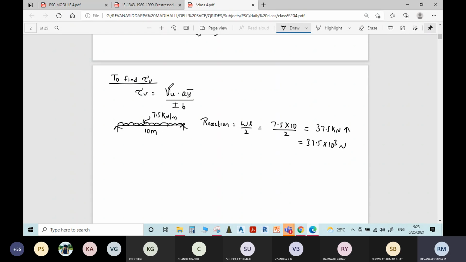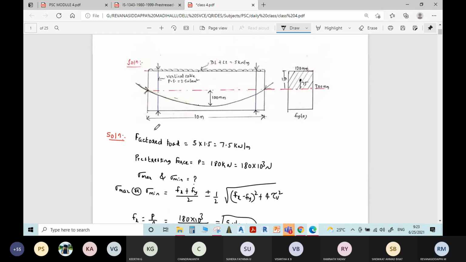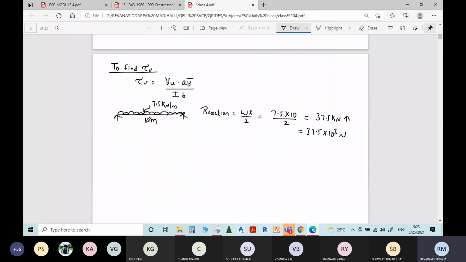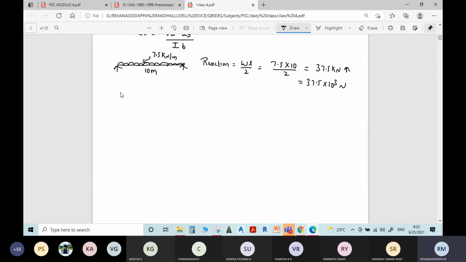Now you want to calculate the shear force at the support section. This shear force is calculated as reaction minus the vertical component of the prestress. Here we have the parabolic cable. I will write a small diagram here.